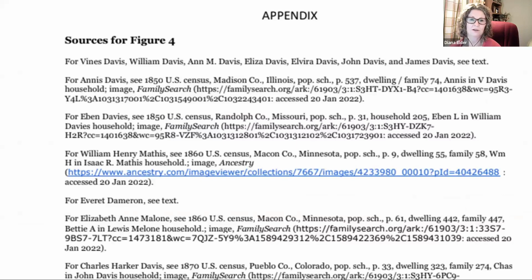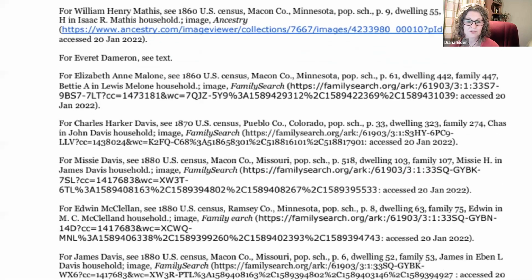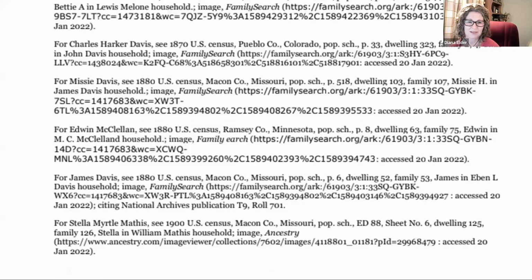So you can see the different kinds of sources. We wrote here for this connection, see the text. So this must have been fully cited within the text and the narrative. Perhaps this was the main line, but then some of the collateral lines have some things that are just simple. I mean, we've got censuses: 1850 census, 1850 census, 1860 census, a lot of censuses, and we can use those in our work in proving these genetic networks or proving these lines back.